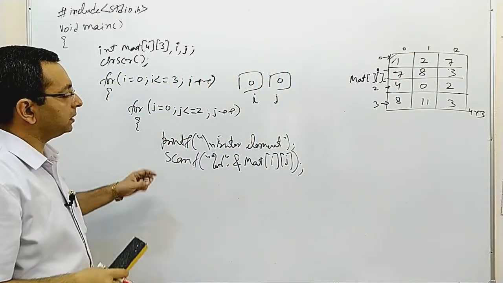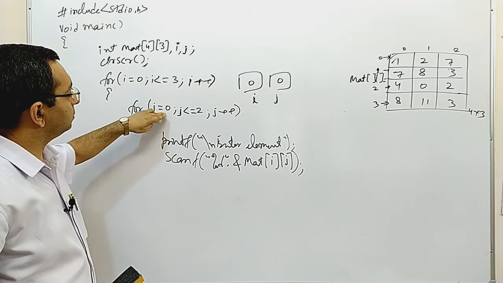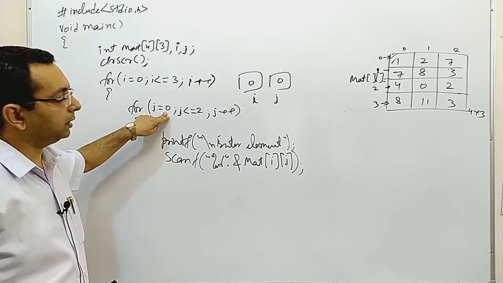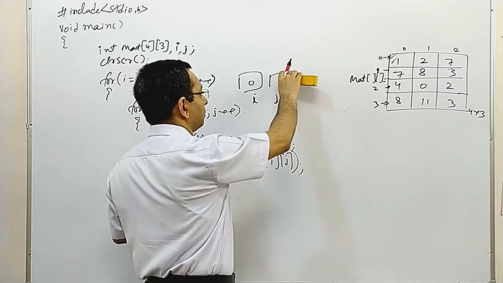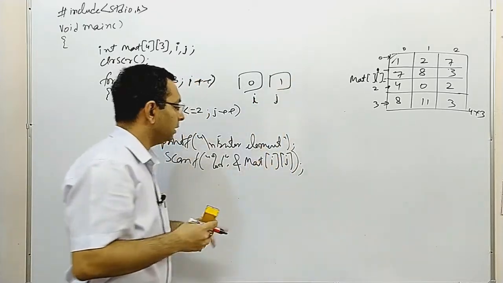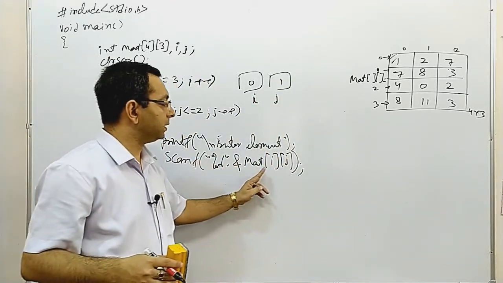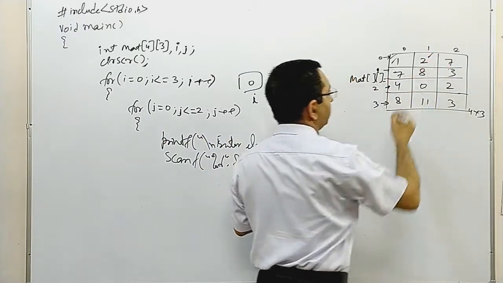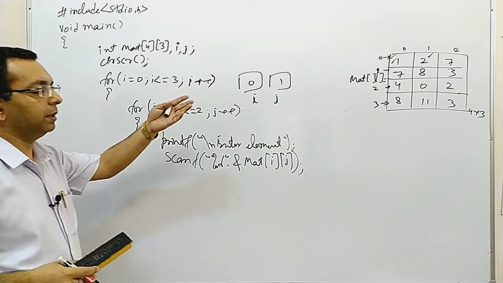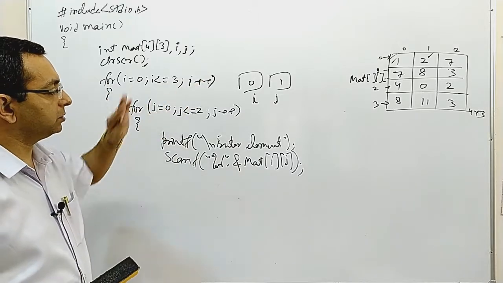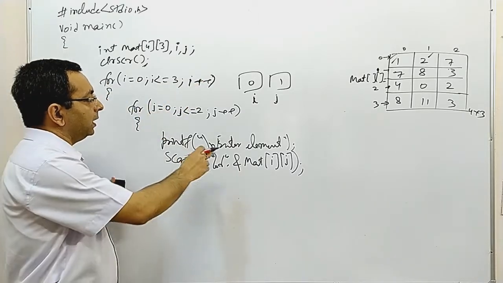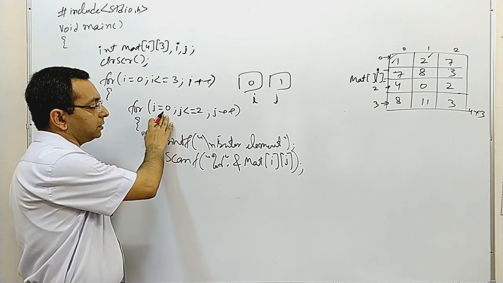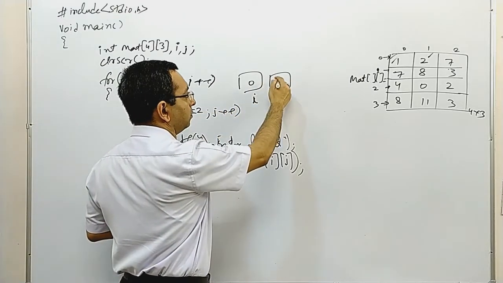When the iteration is incremented, the value of j will be incremented by 1, so it will be 1. So the value for mat[0][1], the 0th row first column, will be taken. Whatever value the user wants to input will be stored in that position, and then the loop will be incremented for j, it will be now 2.